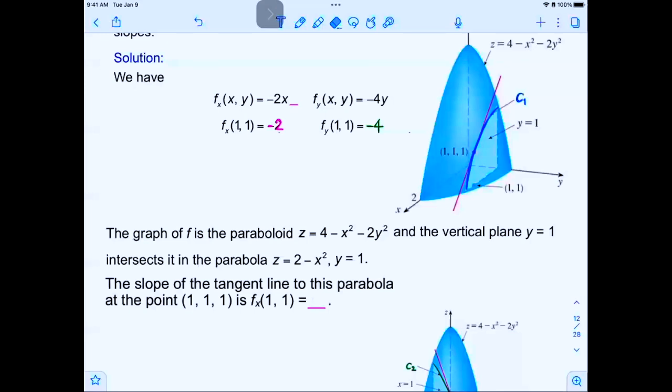Remember here you fix the y, right? The y is fixed, and you let the x over here vary. So that will correspond to the partial derivative of the function with respect to x at (1, 1). So the slope of this tangent here is negative 2, okay? So that's negative 2.